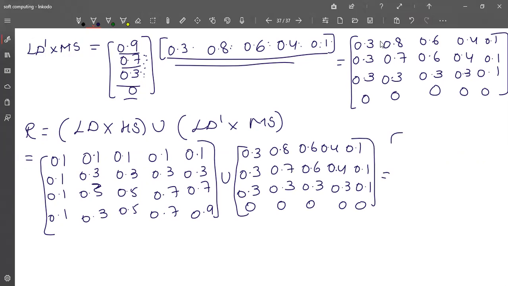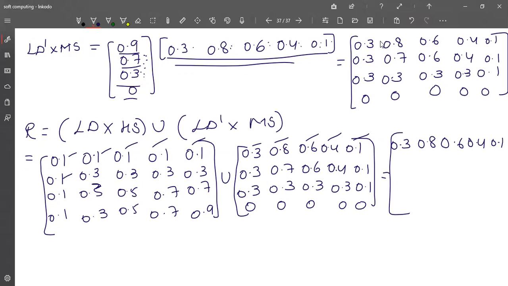Union means we have to take the maximum. So 0.1 and 0.3, 0.3 is maximum. 0.1 and 0.8, 0.8 is maximum. 0.1 and 0.6, 0.6 is maximum. 0.1 and 0.4, 0.4 is maximum. 0.1 and 0.1, 0.1 is maximum.